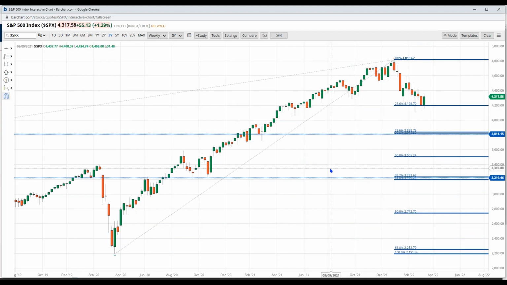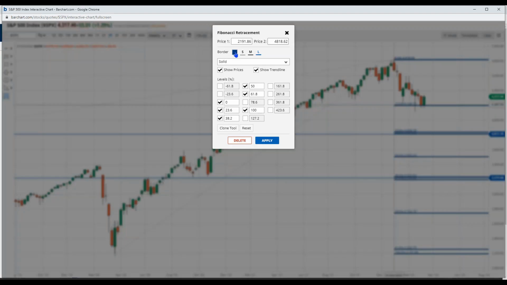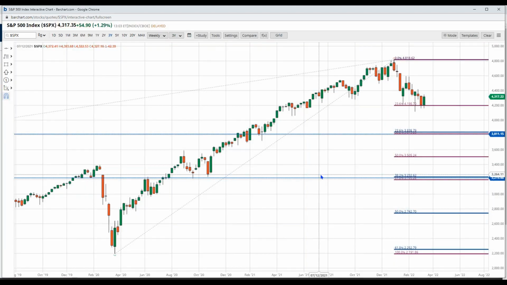And again, what did I say to you? That in strong bull markets, we tend to have retracements that are a little bit more shallow. For instance, on this one, let me just change the color so you can see the difference here. So the purple represents the COVID retracement. And what did we get?